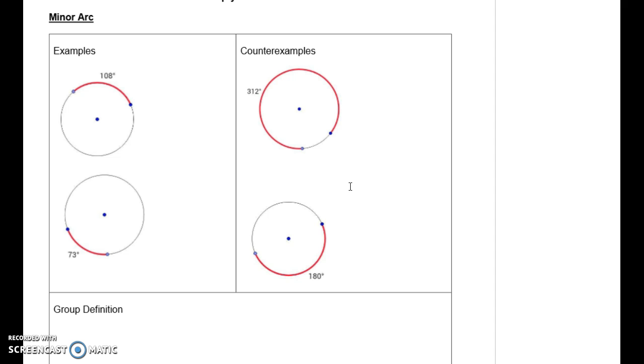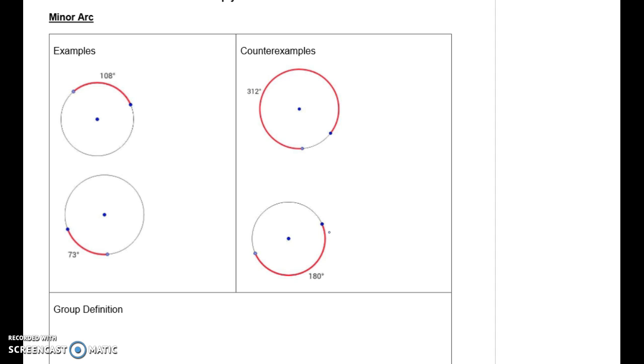Looking at the first ones here, we have a measure of 108 degrees and one of 73 degrees. Those are examples of minor arcs. Counterexamples would be something like 312 degrees and 180. As the name suggests, a minor arc is a fairly small arc.